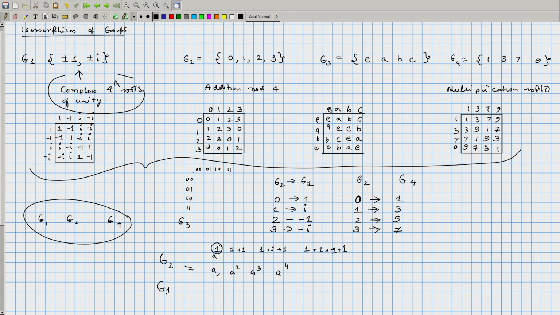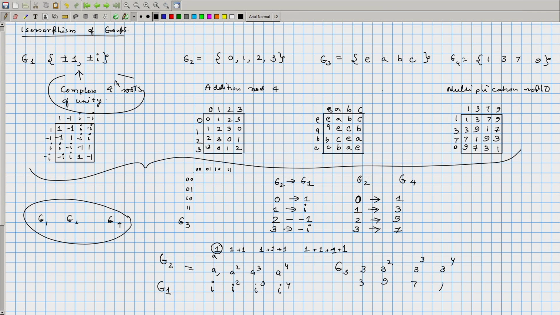And if you look at G1, and if we take the element i, the entire collection can be seen as i, i square, i cube, i raised to 4. And if you look at G4, they are nothing but 3, 3 square, 3 cube, and 3 raised to 4. 3 square is 9, 3 cube is 27, that is 7. So, 3, 9, 7 and 1. Okay. So, these 3 are just another way of representing the cyclic group, which contains exactly 4 elements.